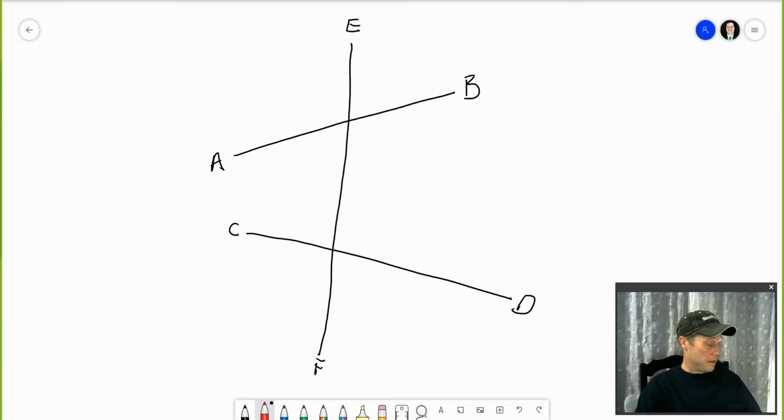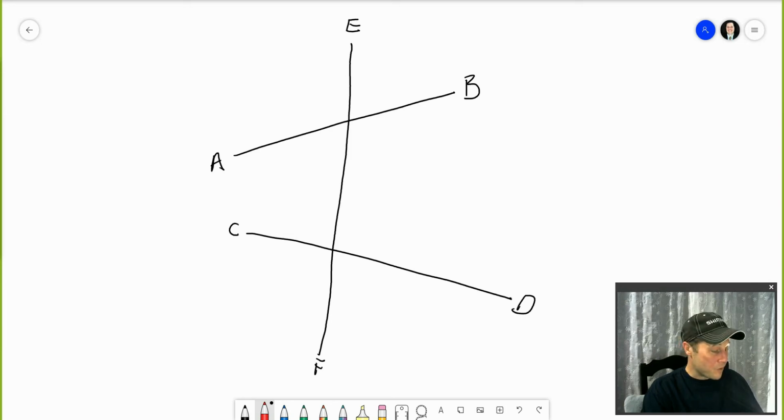Sorry, I have to get my glasses or light. Alternate interior angles are on opposite sides of the transversal. So this is your transversal down the middle. Alternate interior angles are on opposite sides of this transversal.